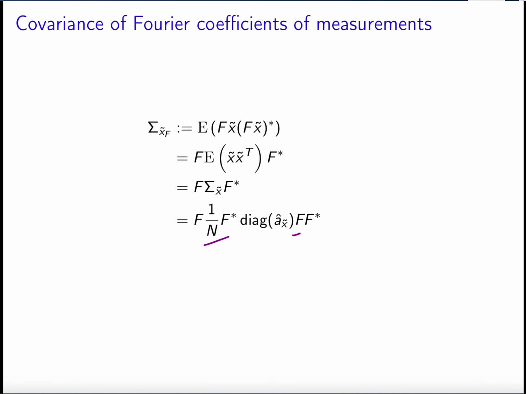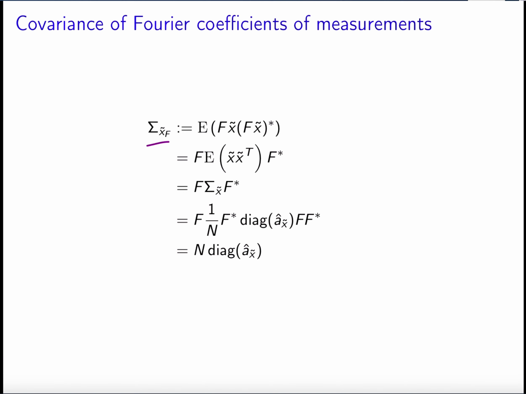These guys cancel out, and we end up showing that under stationary assumptions, the covariance matrix of the DFT coefficients of X is actually diagonal, which means that the DFT coefficients are uncorrelated.